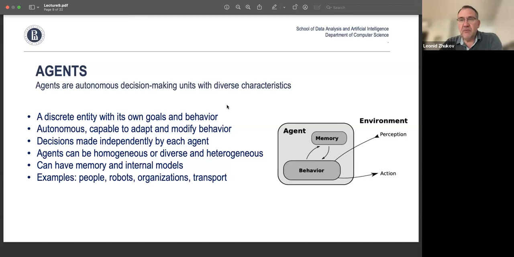An agent would typically have internal memory that memorizes the states, or maybe some sort of stack that gives you preferences of actions. And it can have an internal model of the world, meaning the agent can predict how the world will change depending on the action of the agent. But that would be more of AI agents.